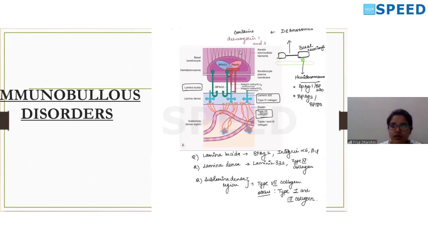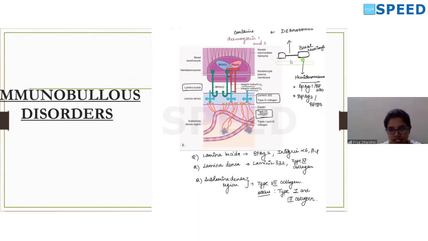So what is a basement membrane? In the structure of skin, there is epidermis, there is dermis. In between the epidermis and the dermis, what we have is a basement membrane. And the epidermis has individual keratinocytes lying together, held by the junctional protein called desmosomes.